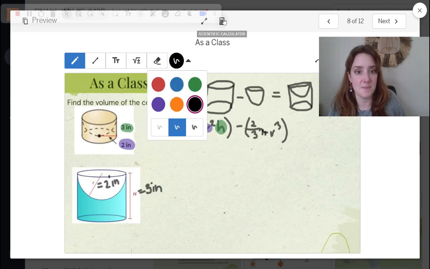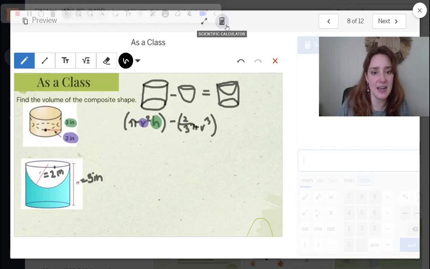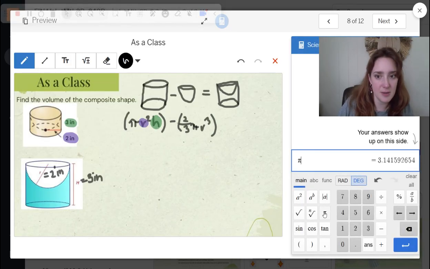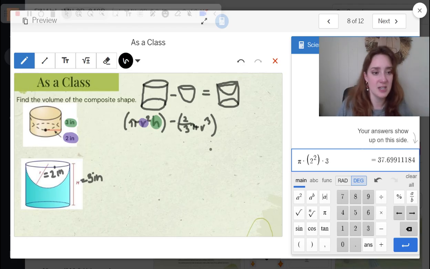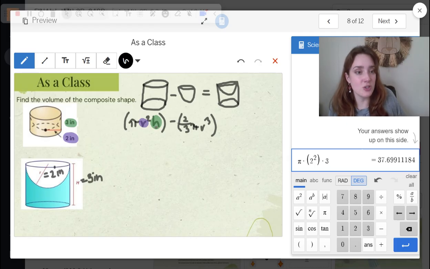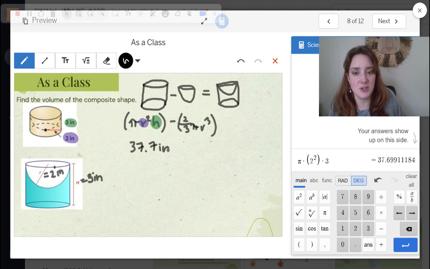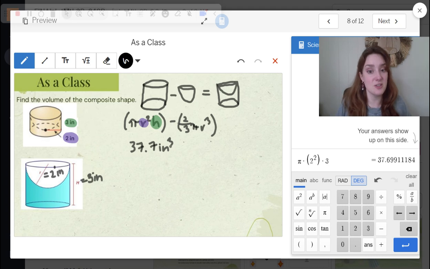So pi times the radius, which was 2, that's why we color code, 2 squared, times the height, 3. The total cylinder volume is about 37.7 inches cubed.